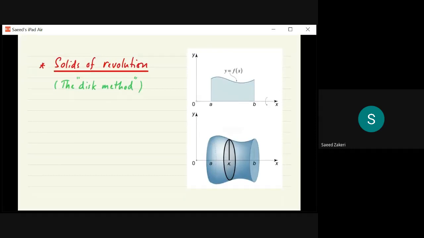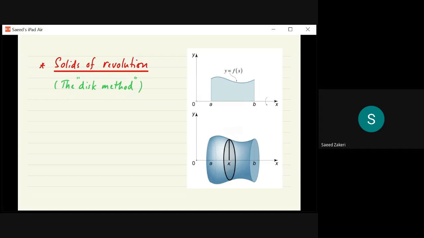So my claim is that if you take the graph of a function f, let's assume this function is positive, so the graph is above the x-axis, and you take the region under this graph and revolve it around the x-axis to get the corresponding solid depicted here, you can easily find its volume by applying the general principle that the volume is the integral of the cross-sectional area.